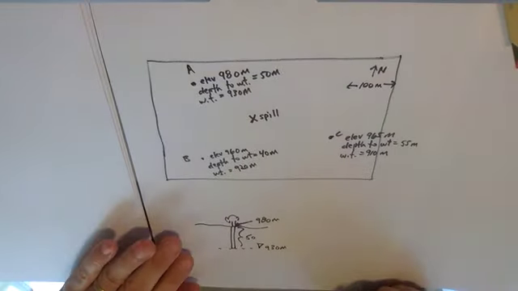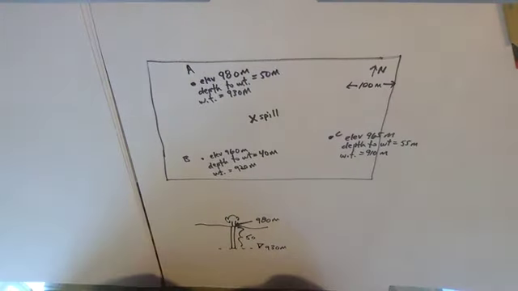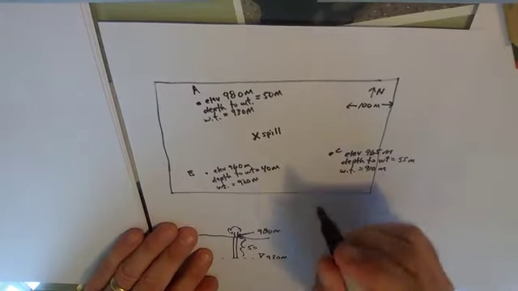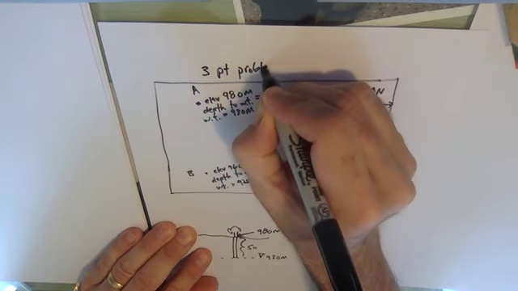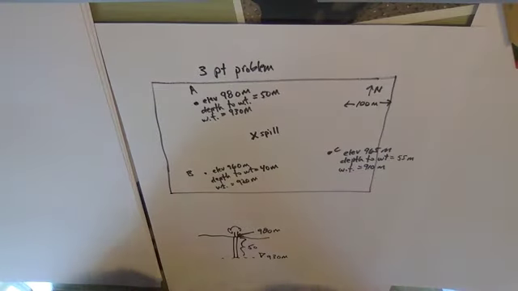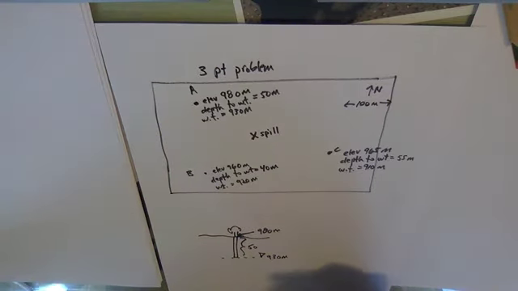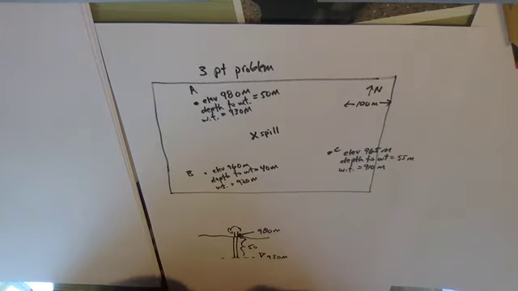So the way to figure out the orientation of a plane from three discrete points is often referred to as a three-point problem, because you need 3 points to define a plane. And the way you do it is pretty straightforward. What you need to do is you need to define a contour line.